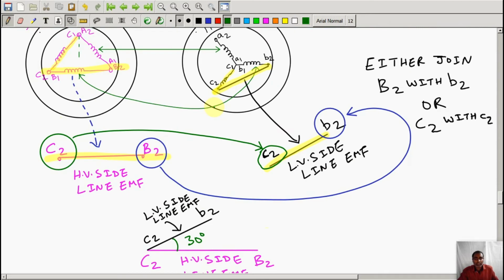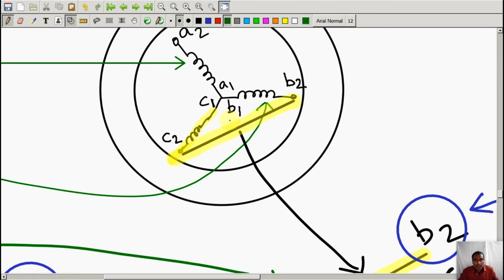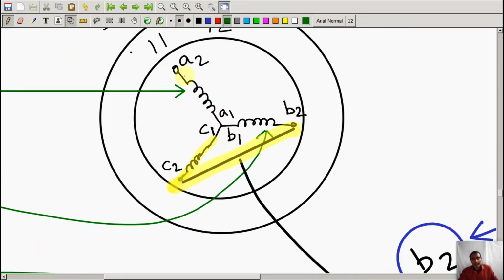You can see this, let me zoom it. Over here I am just placing this B1 somewhere else. Let me place B1 over here.